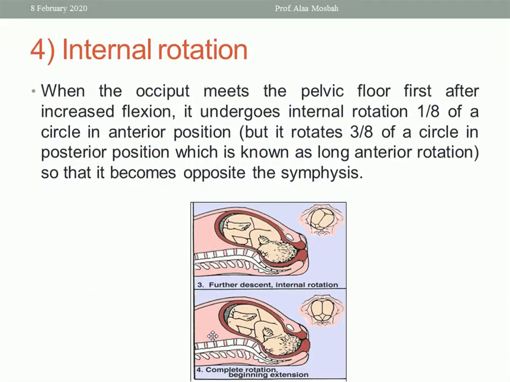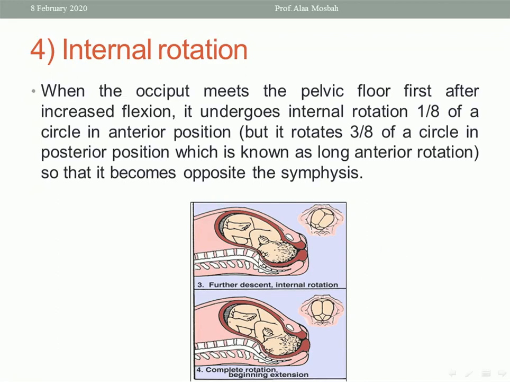The fourth step is called internal rotation. When the occiput meets the pelvic floor, after increased flexion, it undergoes internal rotation 1/8 circle in the anterior position, but rotates 3/8 circle in the posterior position, which is known as long anterior rotation, so that it becomes opposite the symphysis pubis.